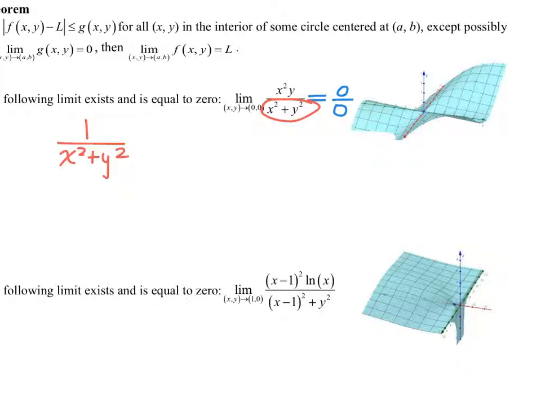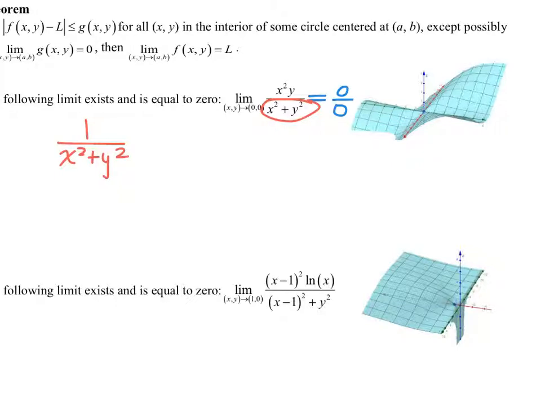All right. Now 1 over x squared plus y squared, that's some value. I don't know what that value is, but I do know that it has to be more than or less than some other value. So what I'll do is I'll take 1 over x squared, just the 1 over x squared part of it. Now 1 over x squared is a fraction.